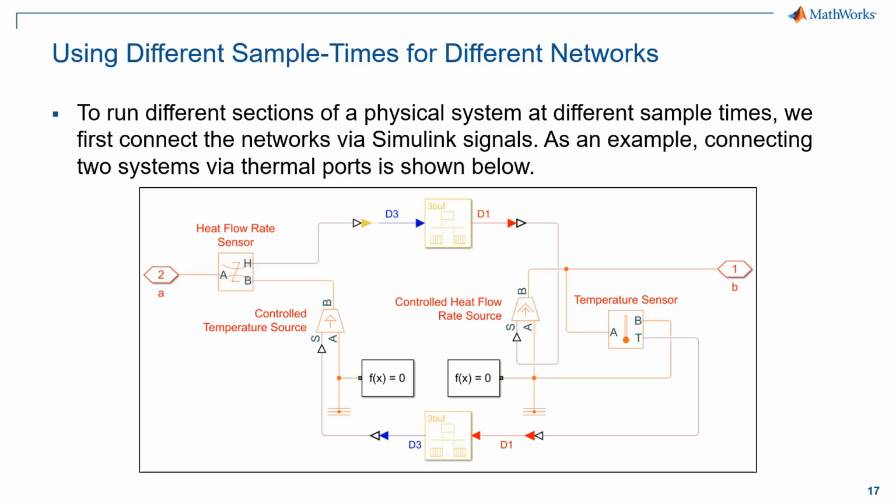However, by splitting the electrical and thermal systems and connecting them via Simulink signals, we can assign separate and more appropriate sample times to each model segment. The example shown here shows one way in which to split a physical system using thermal ports for illustration. You can see that we are transferring both heat flow and temperature across the boundary in order to balance energy flow.